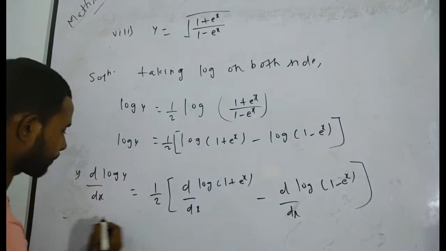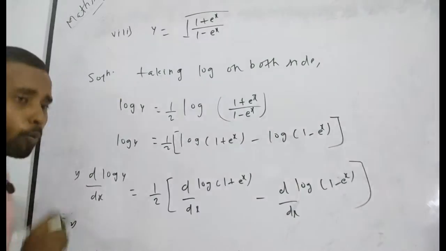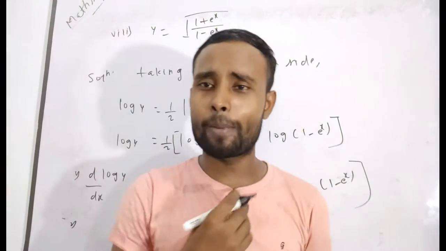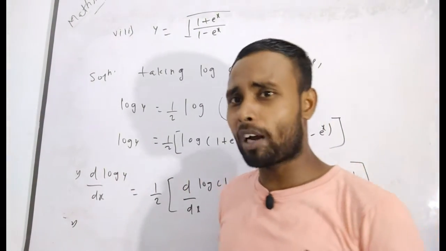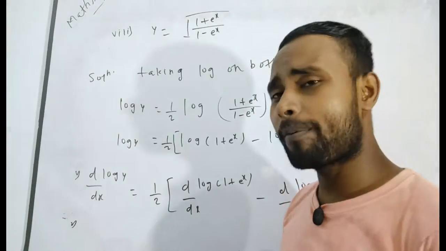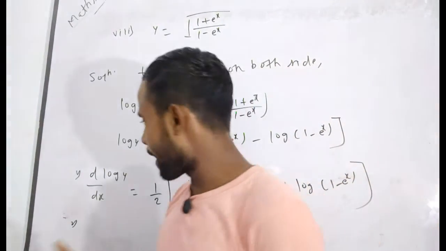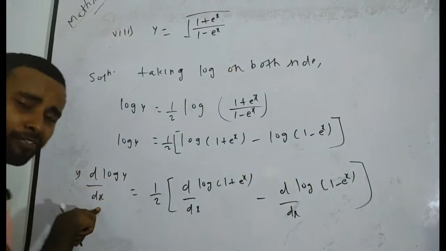Now see here, I want to differentiate log y with respect to x. As you know, you cannot differentiate log y with respect to x directly, that's why I want to differentiate log y with respect to y firstly.